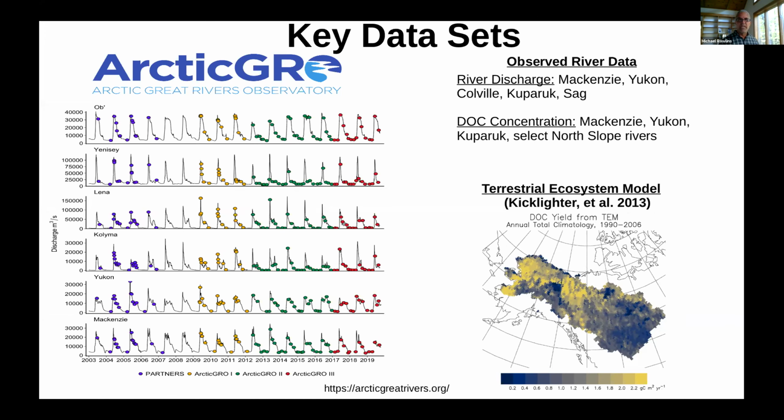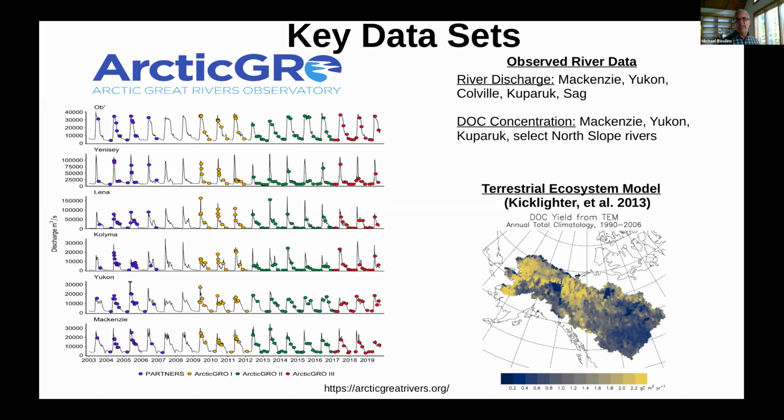But of course, for the medium and the smaller size rivers, particularly the smaller rivers throughout the Pan-Arctic, we need other data sets. So for observed river discharge data, we have, again, Mackenzie, the Yukon, and on the North Slope, the Colville River, the Kuparuk, the Sag. There are USGS data that give us freshwater fluxes for those rivers.